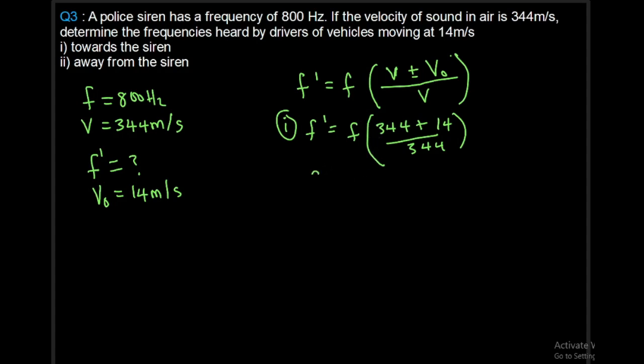So if we use our calculator to compute this, we are going to have the apparent frequency. Our actual frequency is 800 hertz, so we'll substitute it here also.